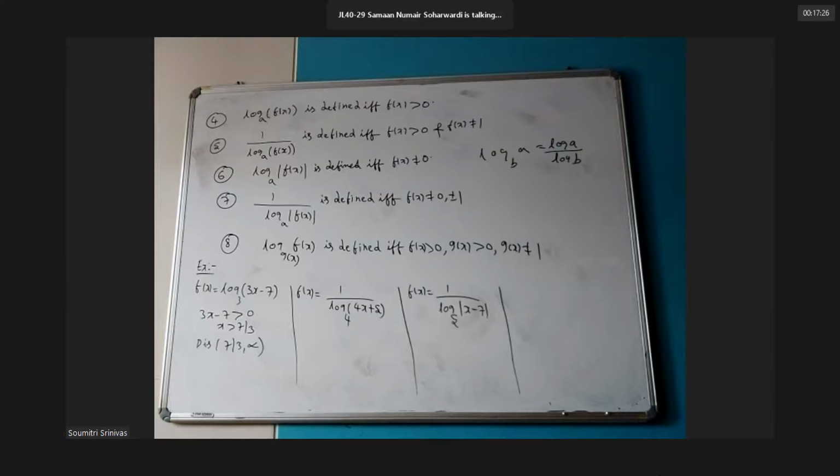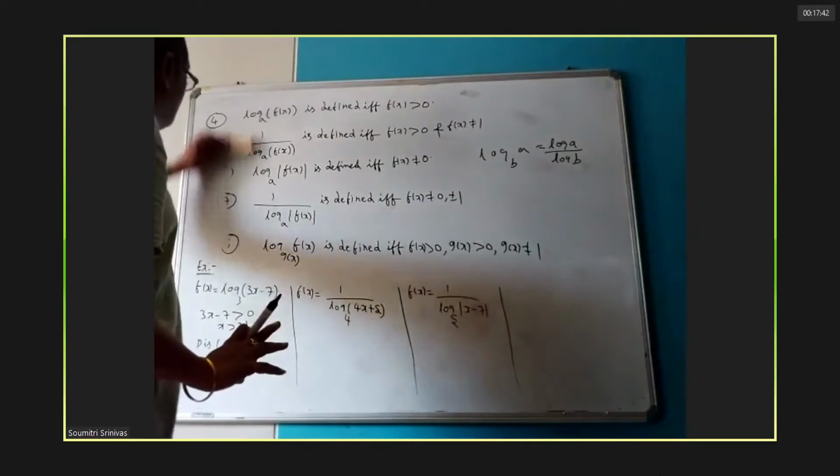Minus 5 by 4 comma infinity, excluding minus 1. Can I clear the ऊपर वाला part?